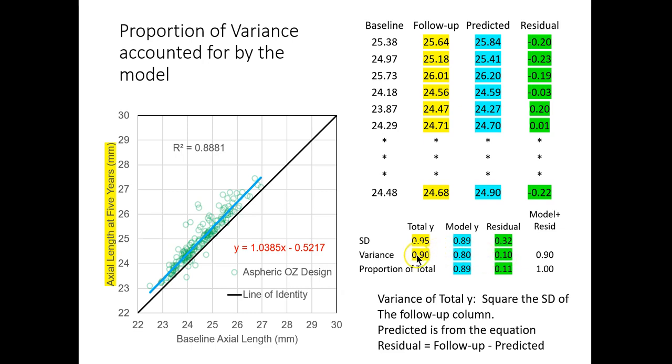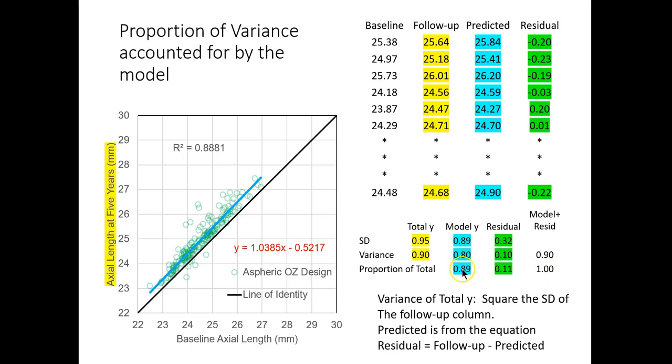So the total variance is 0.90. That's 0.80 from the model, 0.10 from the residual, for a total of 0.90. The proportion of variance is 0.80 divided by 0.90, which is 0.89. 0.10 divided by 0.90 is 0.11. You add those two up and you have the total amount of variance.